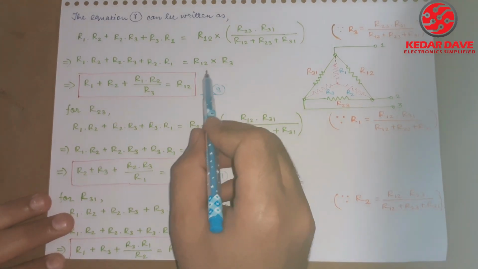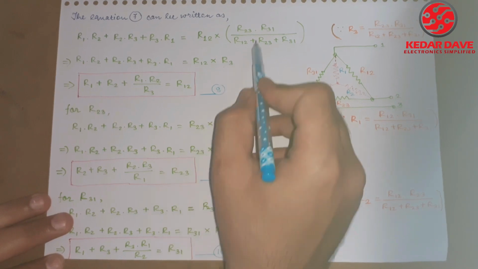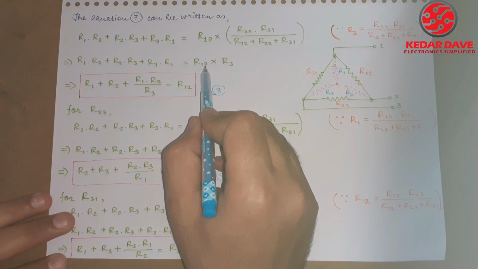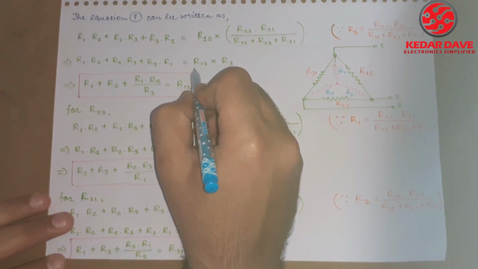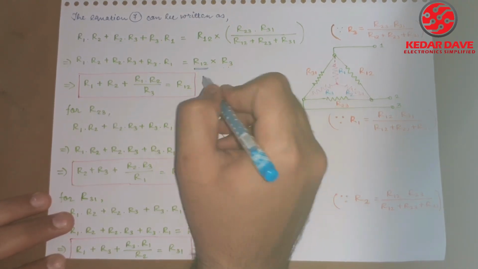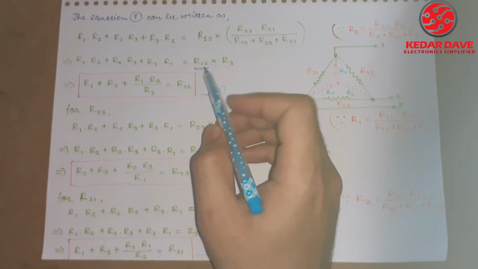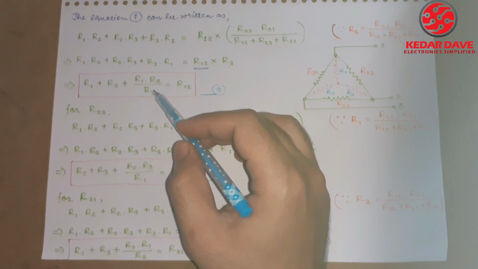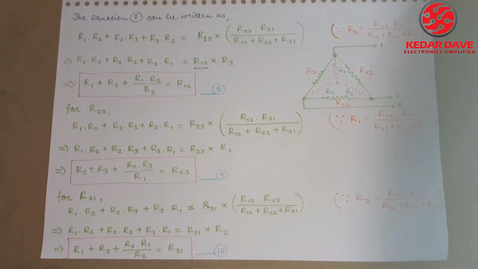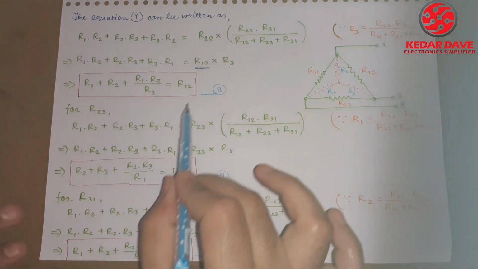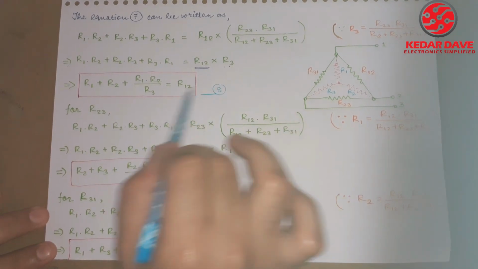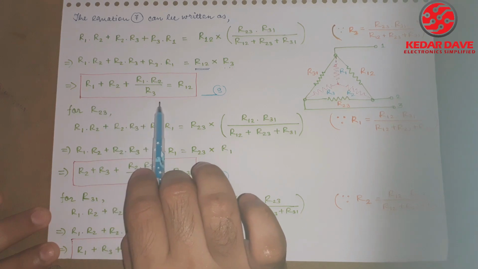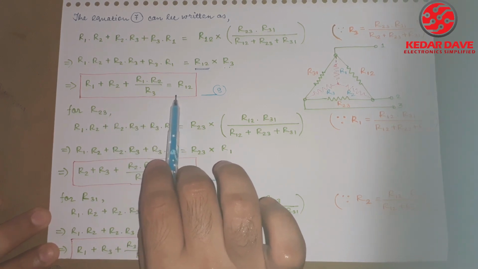As you can see, R3 is there, this term is nothing but R3, so R12 multiplied by R3. Now we are finding R12. What is the exact term of R12? Just check that R3 goes into the denominator over here. If we bring this R3 into the denominator, then the result will be like this, and we get the R12 value.